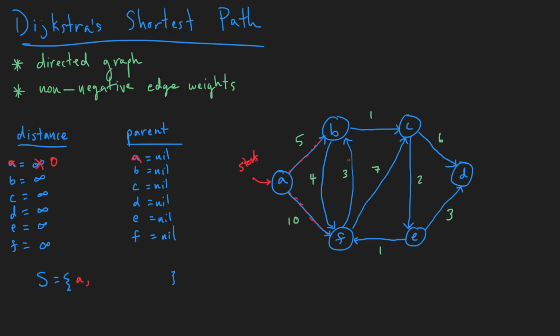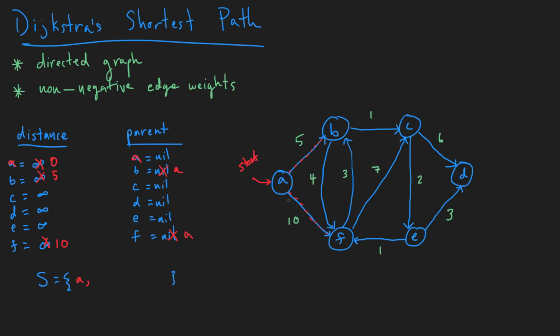That would be 0 plus 5, so its distance is now 5, and its parent is A. And then for F, its distance is 0 plus 10, which is 10, and the parent was also A.